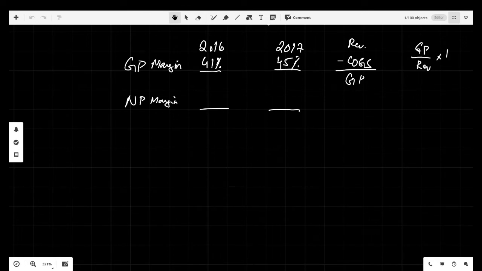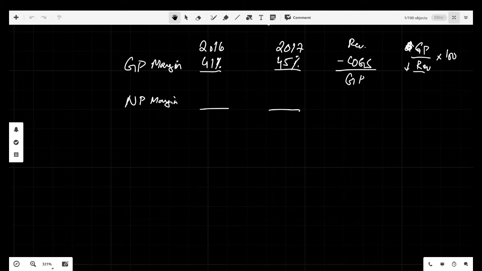So if I want to improve my gross profit margin, either I will have to increase the gross profit without increasing the revenue a lot, or if I keep earning the same gross profit, maybe I should do that with a lower revenue.